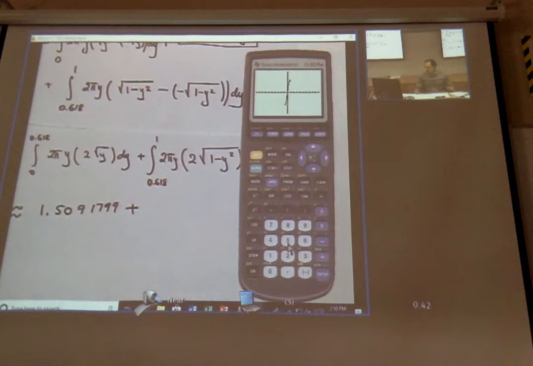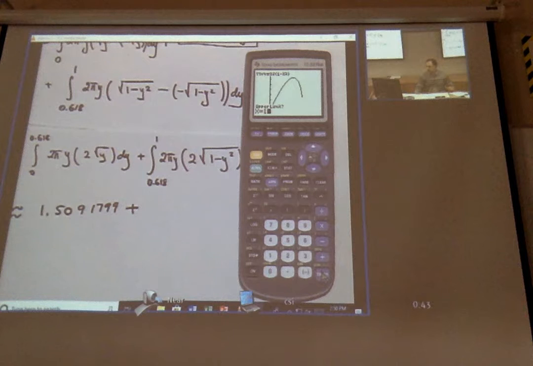So let me do this. I'm going to do zoom box. But what I will be calculating, let's involve this one. So, the very small area here, but I'm just going to go up, and this is what I have. Okay, kind of a little hook here, and then we'll go with the second trace 7, and I go from 0.618 to what?